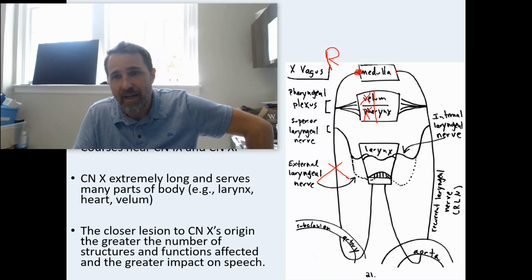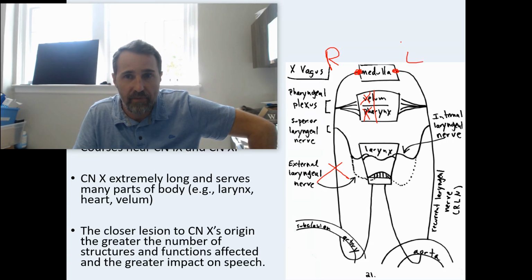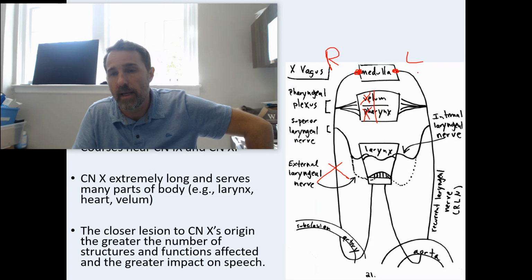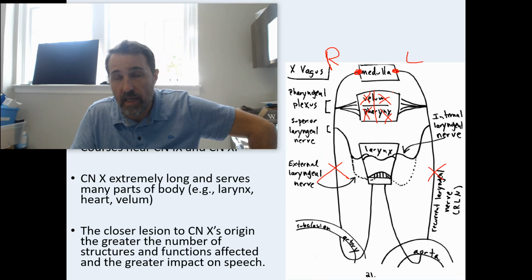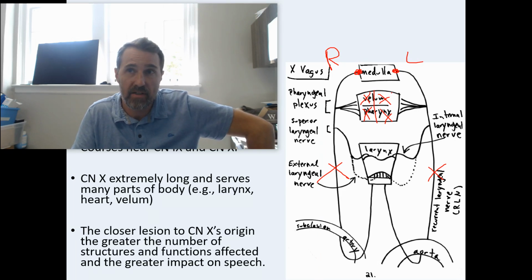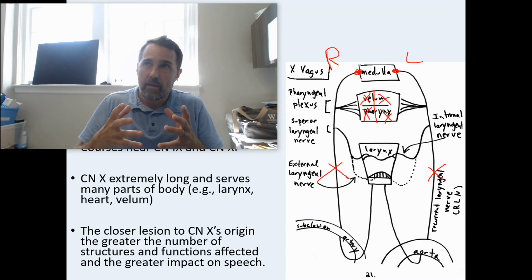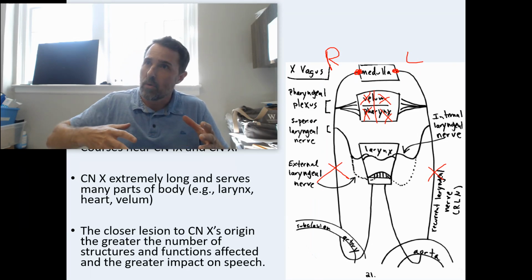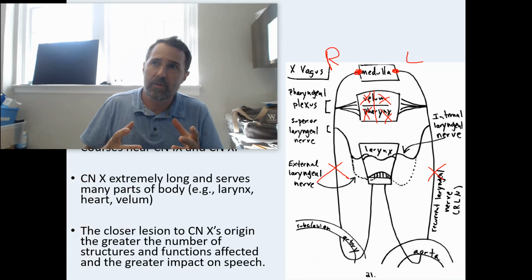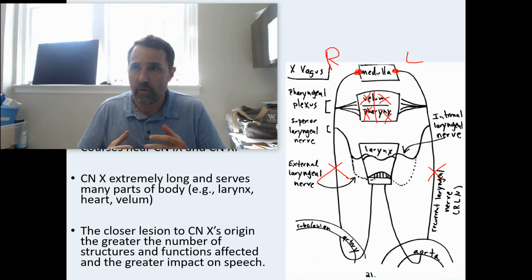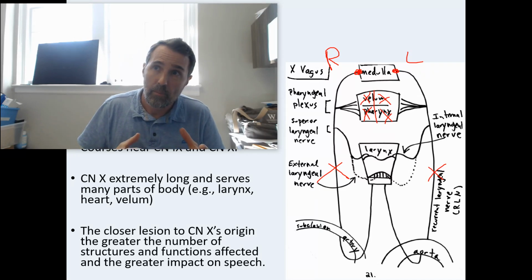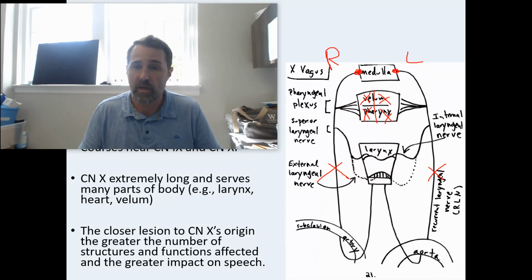And if you damage right and left vagus cranial nerve nuclei, then you're going to get the most severe version of all this. Nasal regurgitation, because the velum is not sealing off the nasal cavity. The pharyngeal cavity not squeezing, so highly difficult movement of the bolus through the pharyngeal cavity, or no movement of the bolus through the pharyngeal cavity.